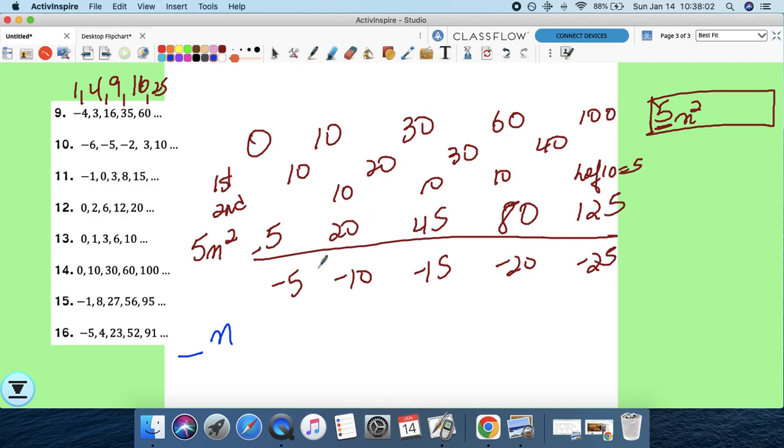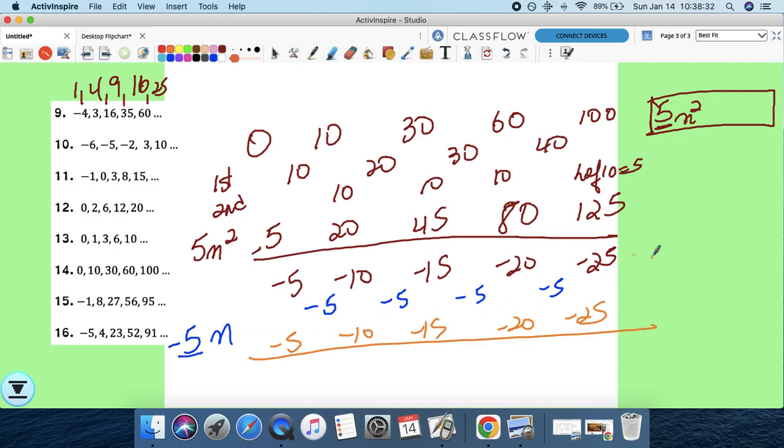So from negative 5 to negative 10, you subtract 5, and again subtract 5 each time. What does a negative 5n sequence look like? Exactly what we have here: negative 5 times 1, negative 5 times 2, times 3, times 4, times 5. So I need to make no adjustments to this sequence to get to that one, because it's all going to be 0.